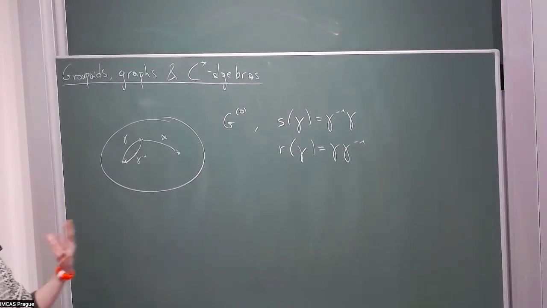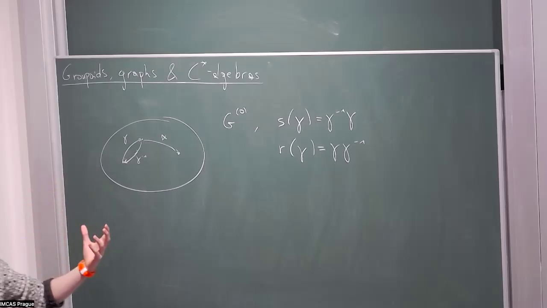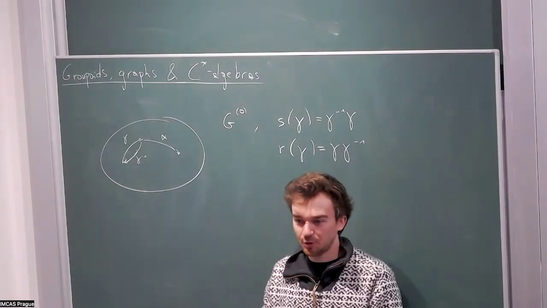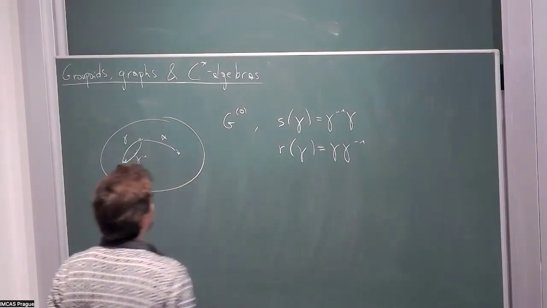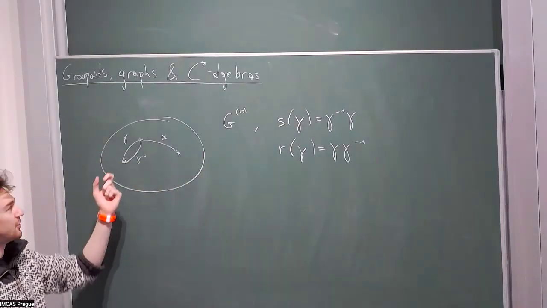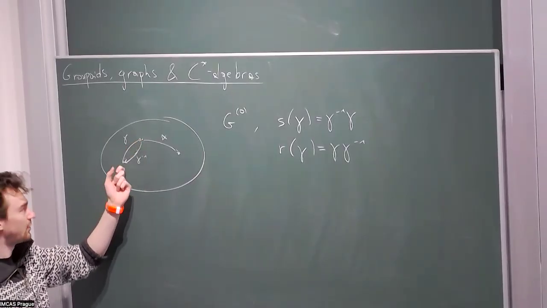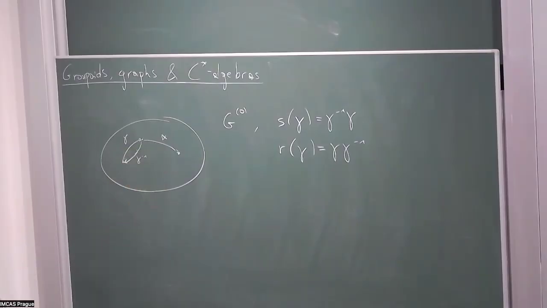The reason that this is called a groupoid is because really what is going on is it's kind of like a group, except you can't compose every single element with every other element. Only if the range of the first is equal to the source of the second can you compose things, and so on and so forth.